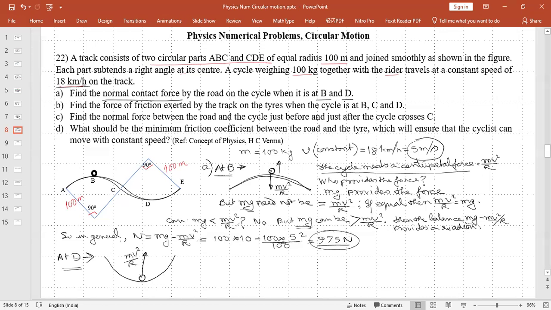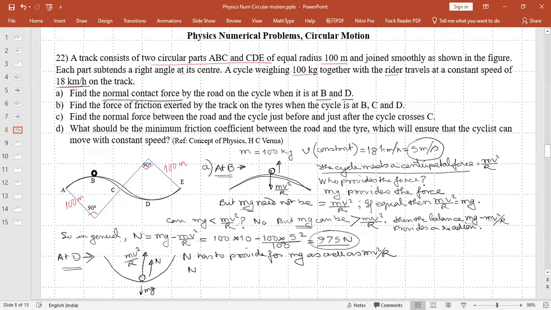And the cycle has a downward force of mg. So the reaction force N has to provide for mg as well as mv square by r.